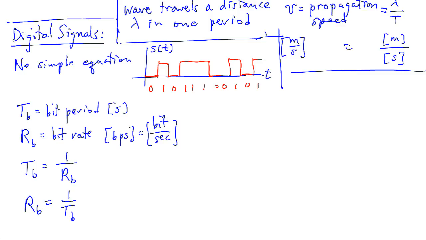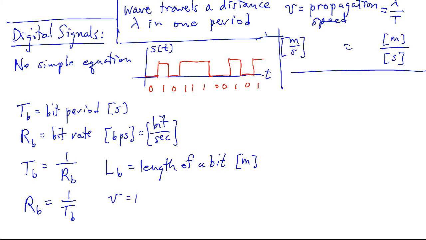We can also write L_B, the length of a bit, and it's going to act more or less like the wavelength, and it has units of meters. And what we can do is we can say that the propagation speed is equal to the length of a bit divided by the bit period.